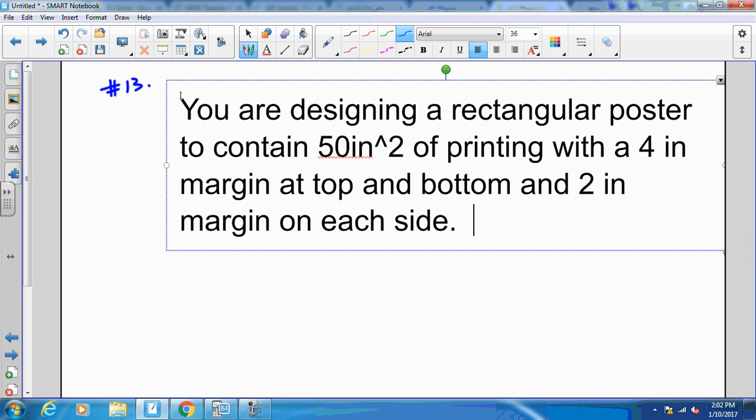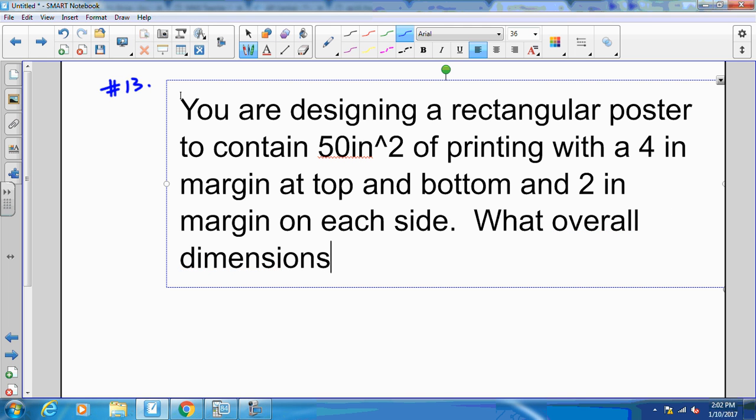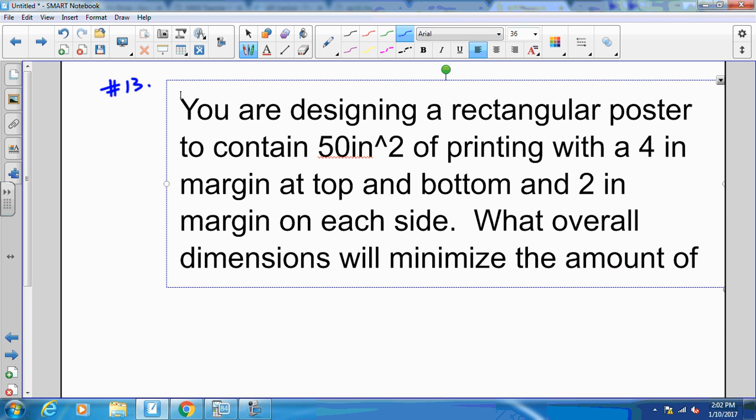What overall dimensions will minimize the amount of paper used?